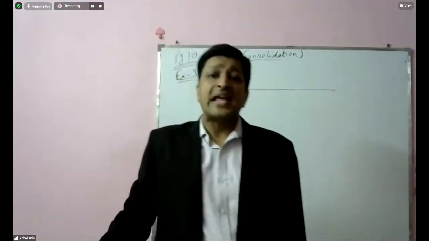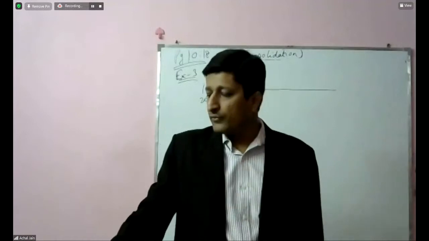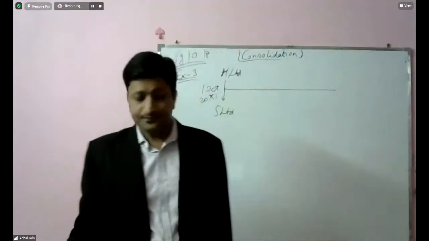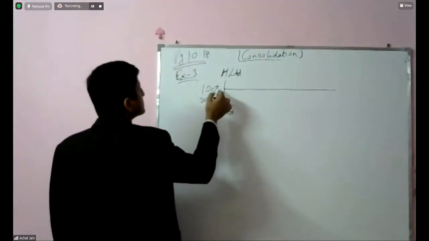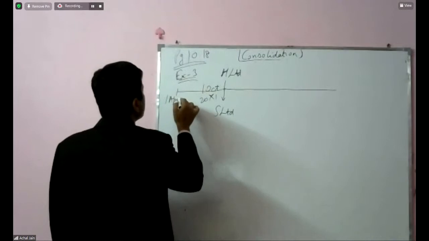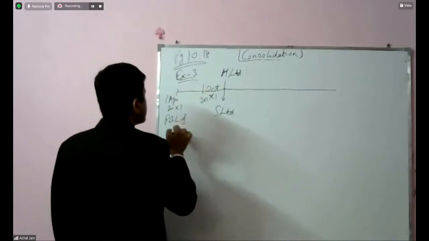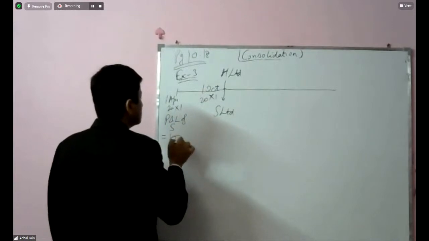P&L of S Limited showed a balance of ₹10,000 on 1st April X1. So if we go back to 1st April 20X1, P&L of S was ₹10,000.